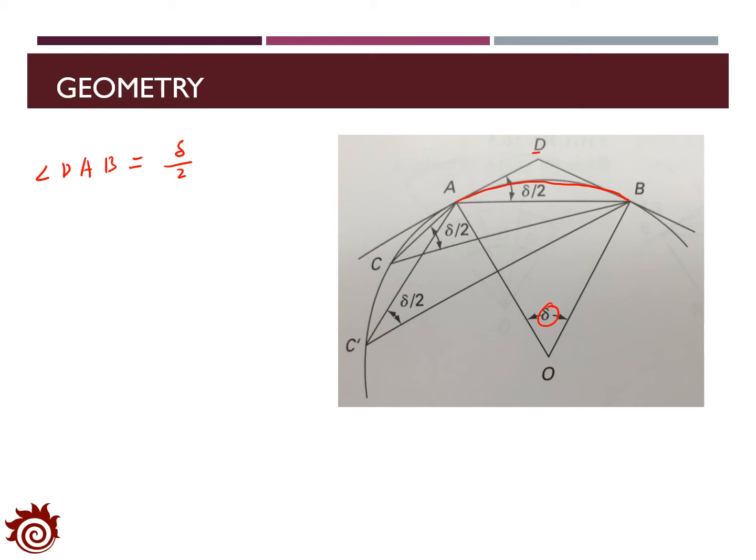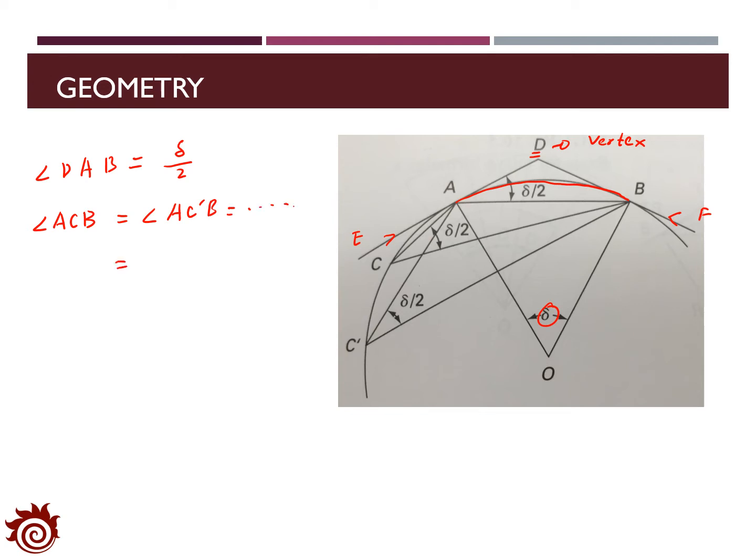Here D is the vertex of the two straight segments E to A and F to B. In addition, for any other points on the circle below the chord AB, the angle ACB equals the angle AC prime B, and so on.